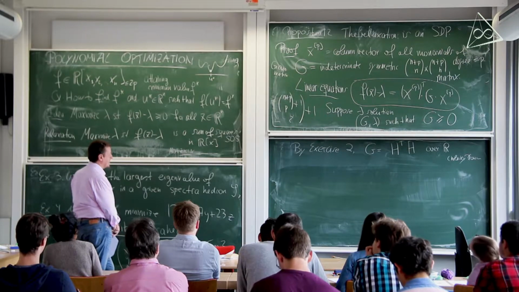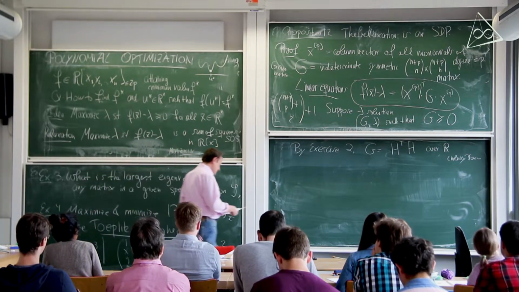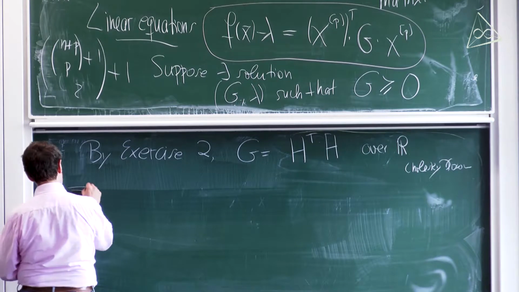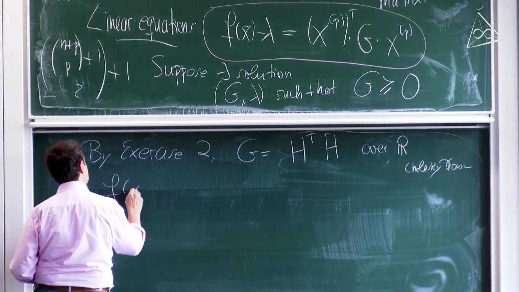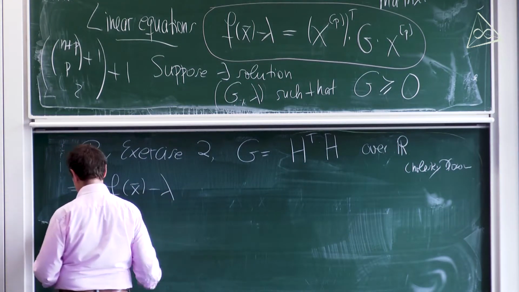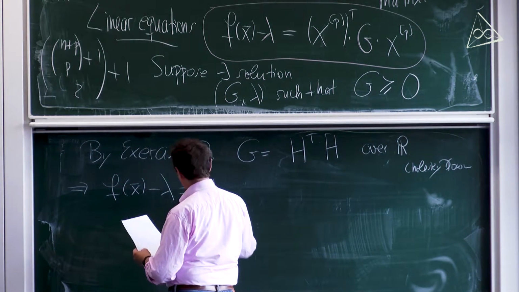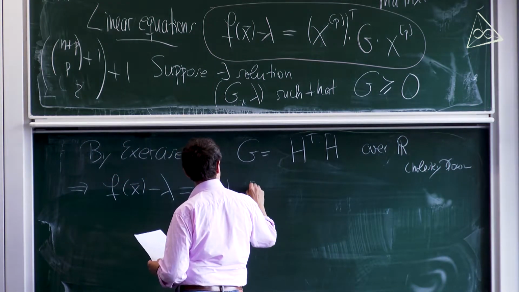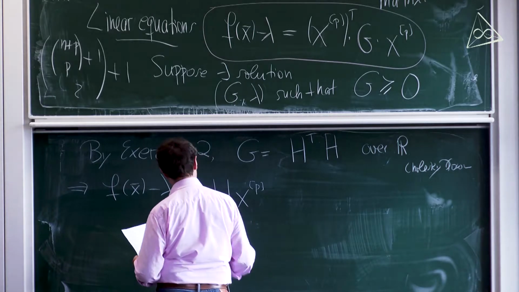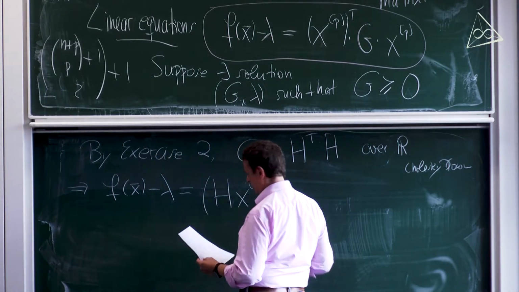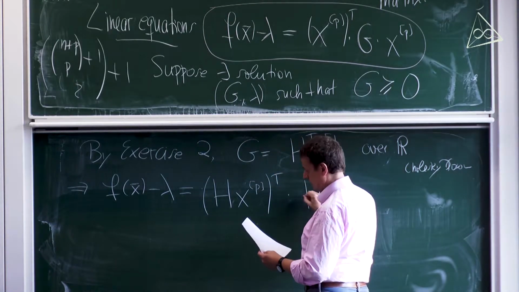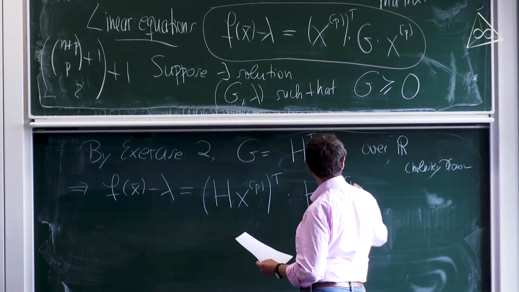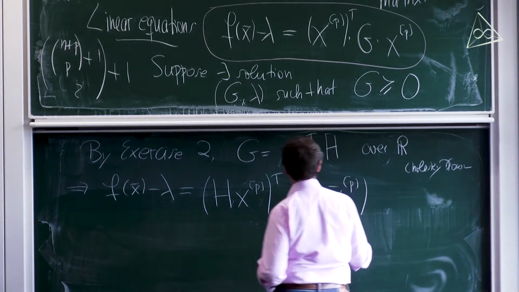So G has a Cholesky factorization, and this means that F minus lambda, the left-hand side, is equal to H times my column vector, transposed, that's a row vector, times HXP. That's clear.